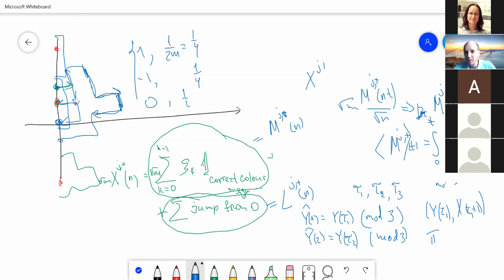And the period is 1, surely, it's easy to see. So these probabilities are just the stationary probabilities of this random walk.